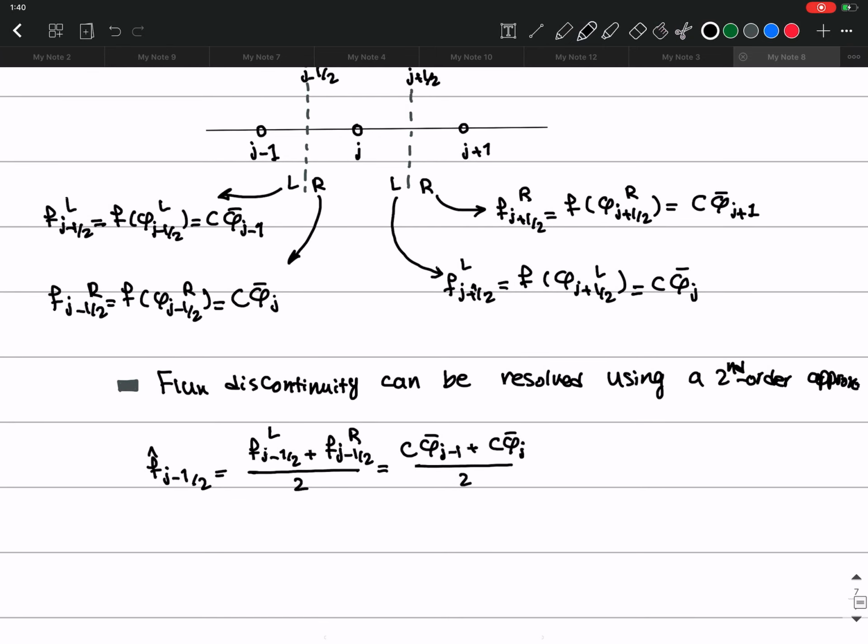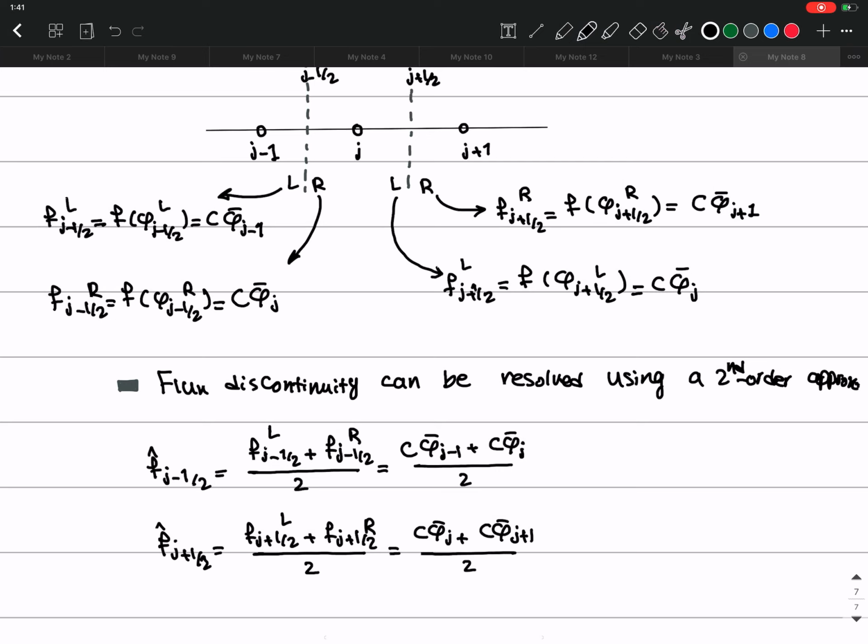And the flux for the right one, j plus 1/2, is going to be f j plus 1/2 left plus f j plus 1/2 right over 2, which is going to be c phi bar j plus c phi bar j plus 1 over 2. Okay, so this is the flux discontinuity.